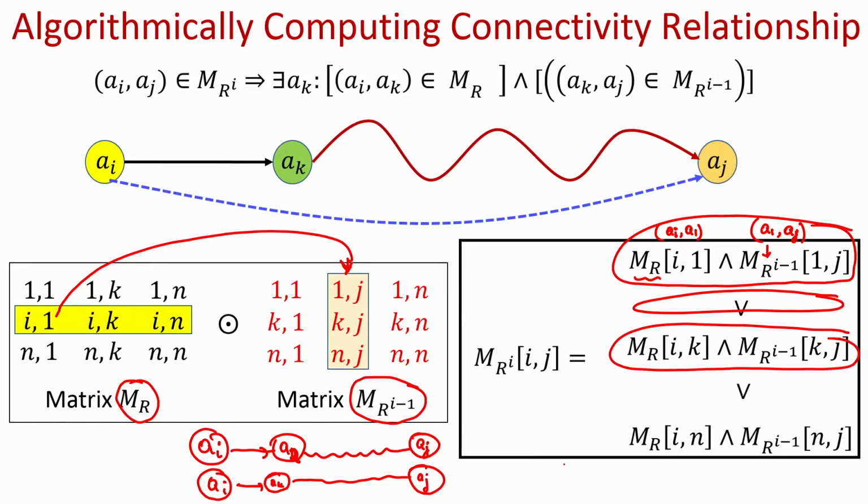And in the same way I should check whether Ai is related to An directly and An is related to Aj or not in the relation R power i minus 1. If any of these n conjunctions hold, then I can say that definitely Ai is related to Aj in the relation R power i.